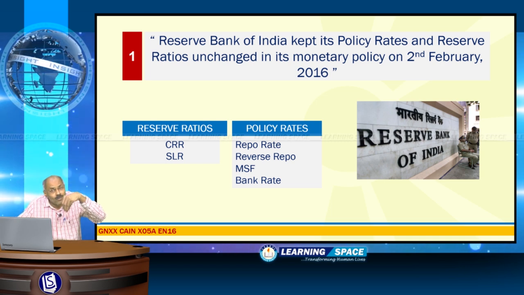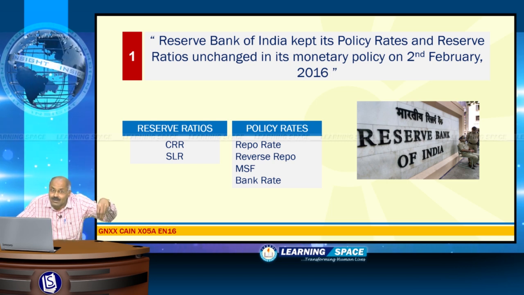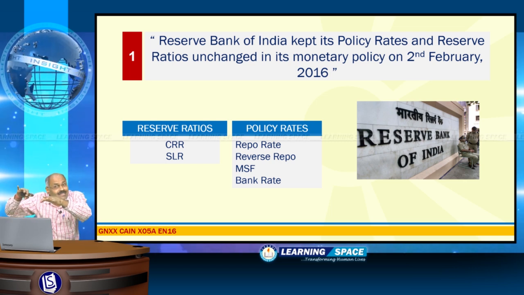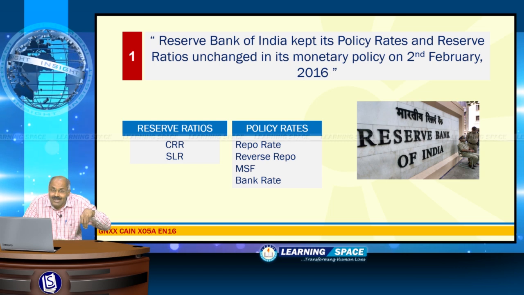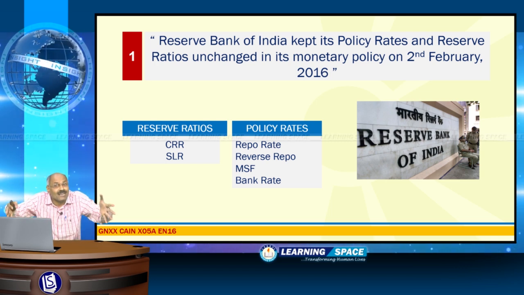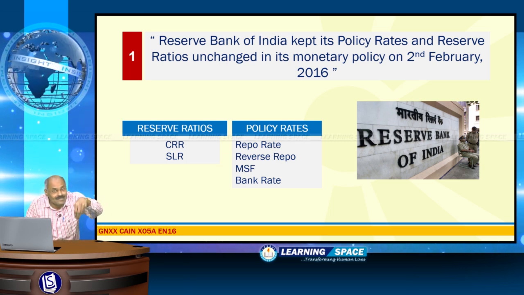So, repo rate and the other rates will give some signal with regard to the interest rates. So, the reserve ratios as well as these interest rates are basically the tools in the hands of Reserve Bank of India to control money in circulation. Right? This is all about the meaning of this statement.